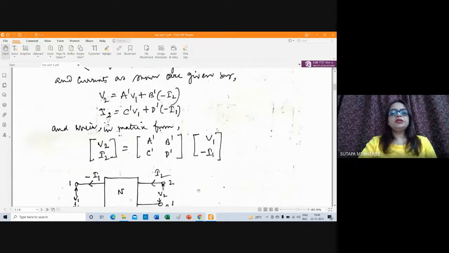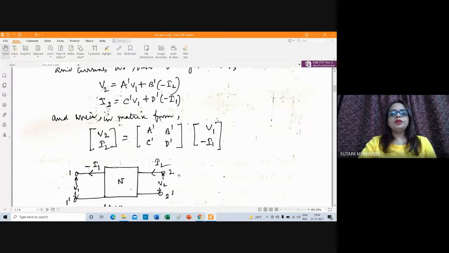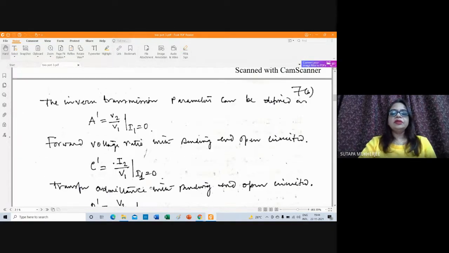So it is very easy. How can you get A dash and C dash? If I1 equals 0, then you will get A dash and C dash.